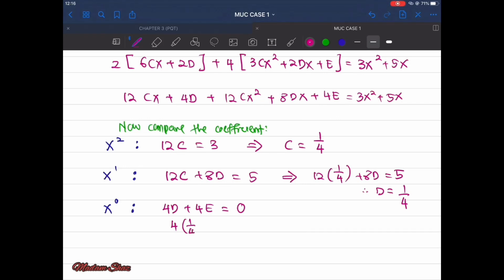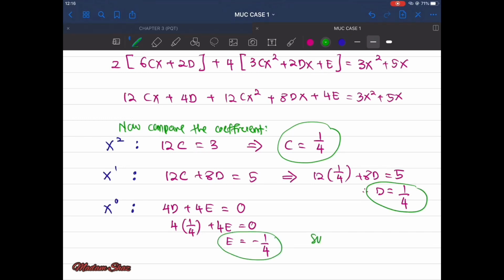So 4 multiply 1 over 4 plus 4E equal to 0. So E is equal to negative 1 over 4.